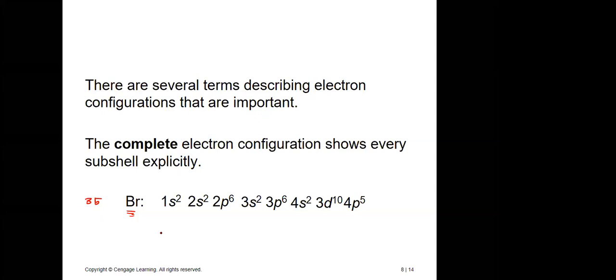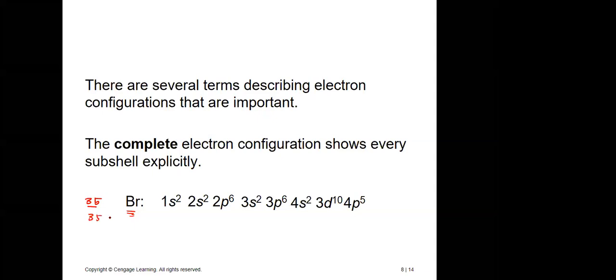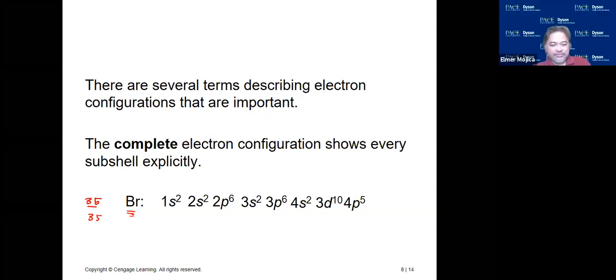By knowing the atomic number, we will have an idea how many electrons we have. If we have an atomic number of 35, how many electrons do we have for bromine? 35. Okay, now why do you need to know that number, 35 electrons?